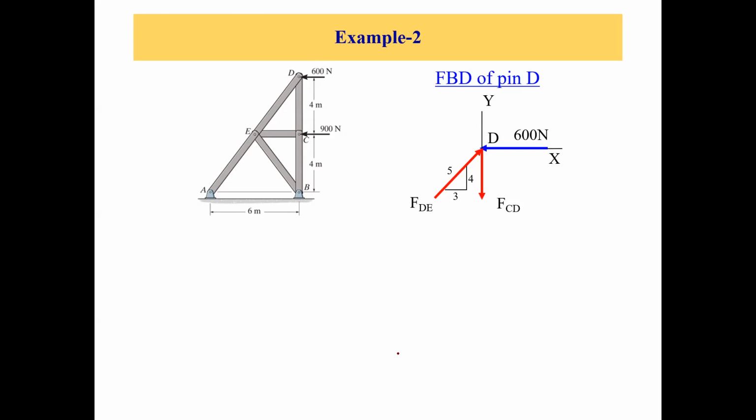Now coming back, let's start from the free body diagram of joint D. Let's say this is joint D, and we have a 600 newtons force acting in the negative x direction. Let's put that here.